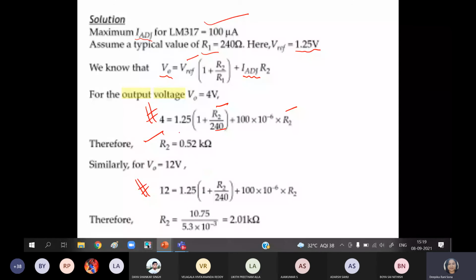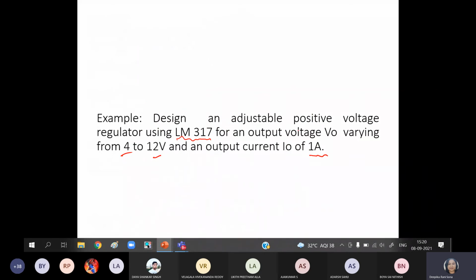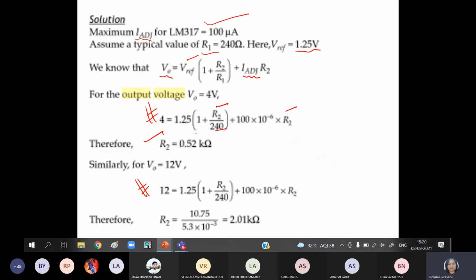It means when the given value of V0 changes, the R2 value also changes. If you increase V0, the R2 value will also increase as per the given V0. This type of question is what we ask, but with a little twist that you have to remember.